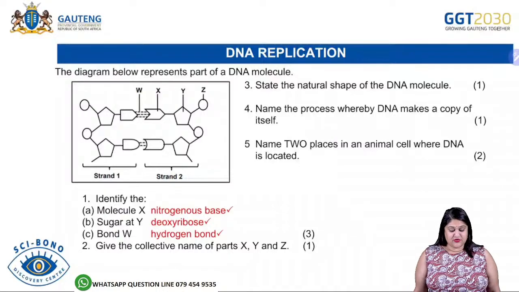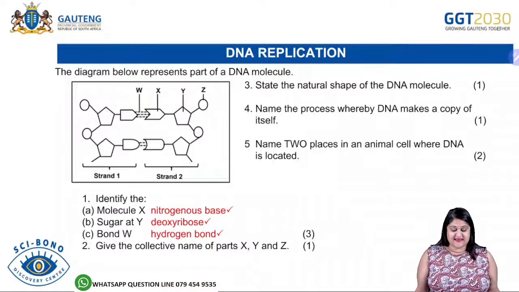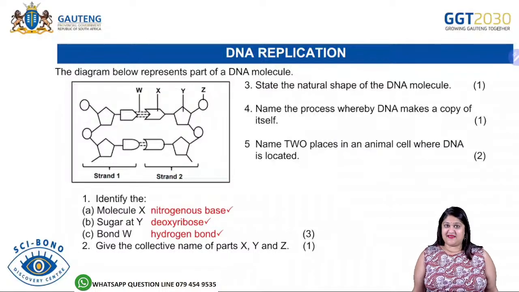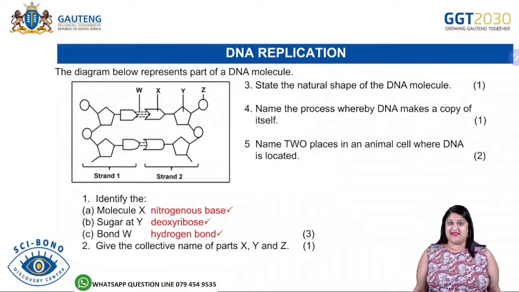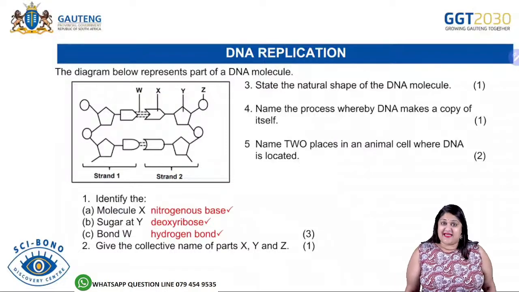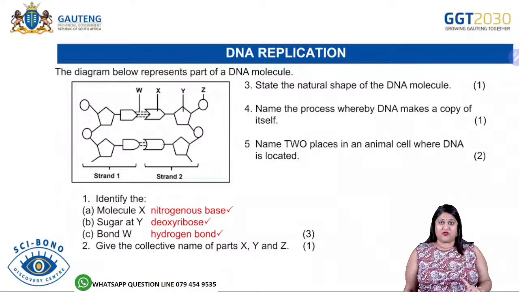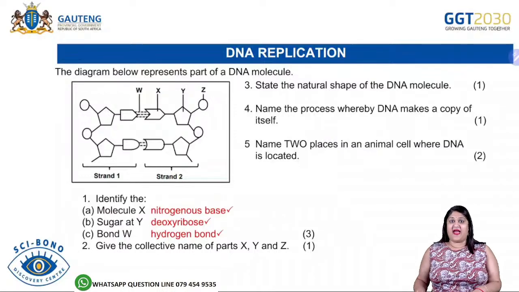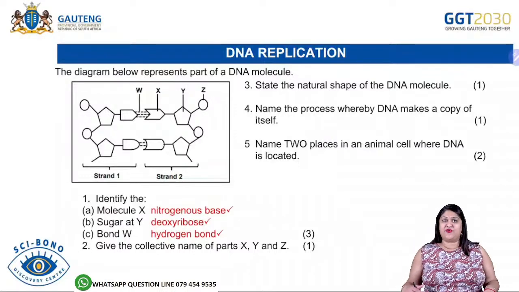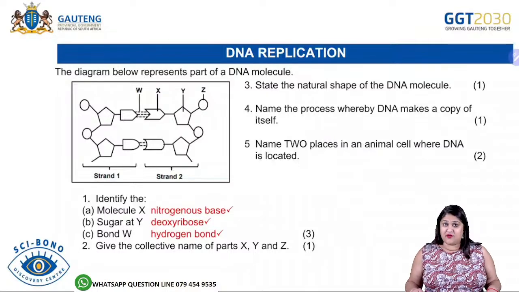Okay, so we're going to identify molecule X. What is X? It is a nitrogenous base. You cannot be specific as to which nitrogenous base it is because there's no indication in the question which nitrogenous base it is. That being said, it's very important that you listen to what I said there, because in some of your textbooks, they actually show you these shapes, and they show you that this shape is adenine and that shape is thymine, but it isn't so.